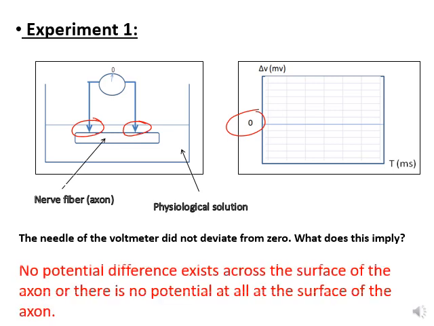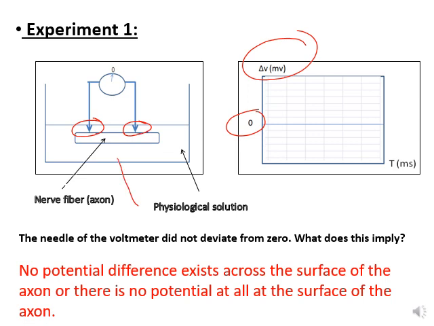So what does this imply? This means that there is no potential difference, delta V, across the surface of the axon, or there is no potential at all at the surface of the axon. Both needles are placed at the surface of the axon, and this axon is placed in a physiological solution, as seen in this figure.